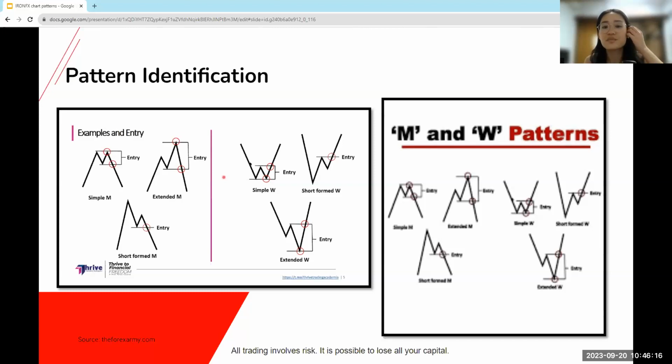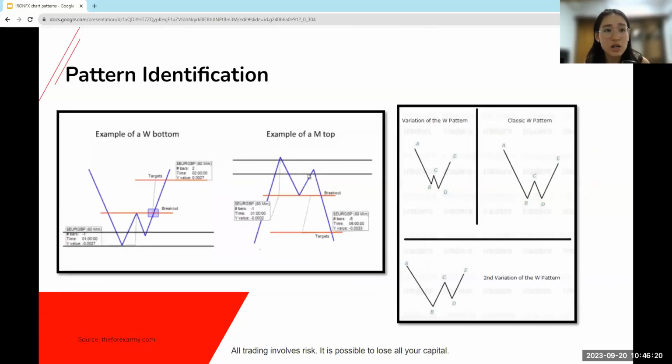Okay, so we went through a couple of M and Ws earlier, so I'm just going to move on to show you how to identify some patterns. Here are some variations of our M and W points. The breakout points, as we mentioned earlier, happen once price has broken out of the neckline area.